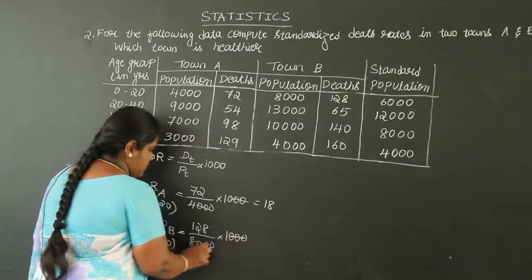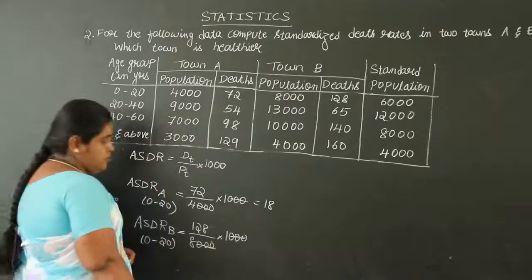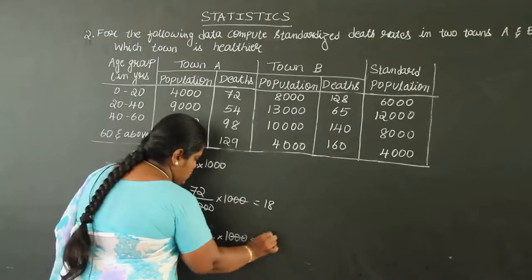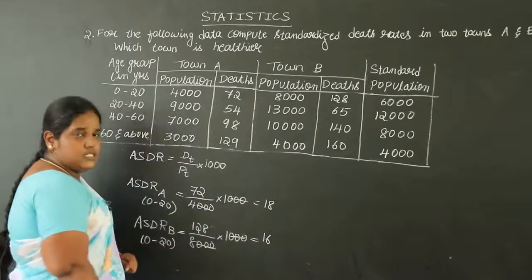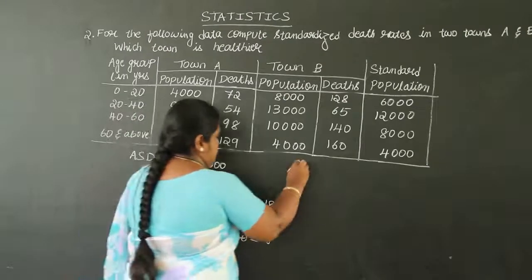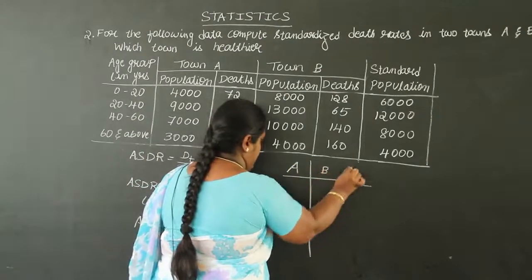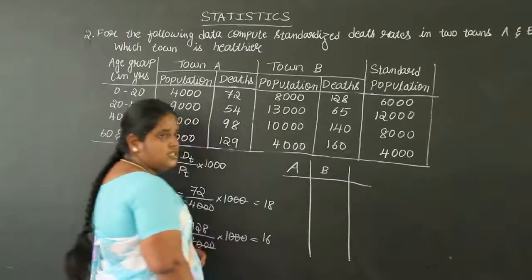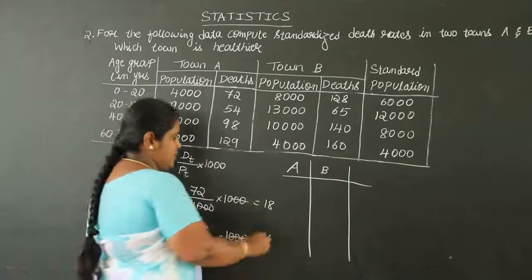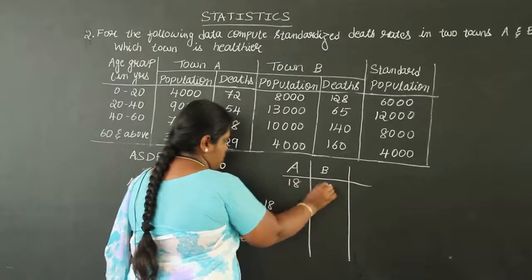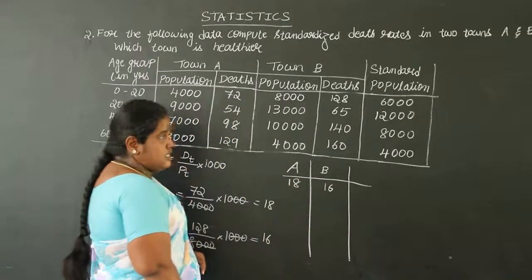So you can cancel this 1000 and 1000. So 8 16s is 128. So the answer is 16. Now make the columns A and B, where A and B are the ASDR values. The first two values we have done for both town A and town B. So it is 18 and 16.